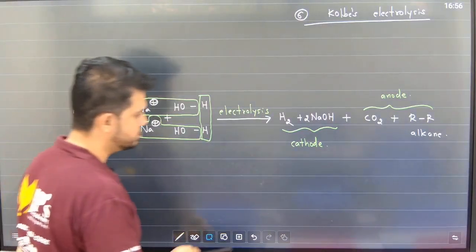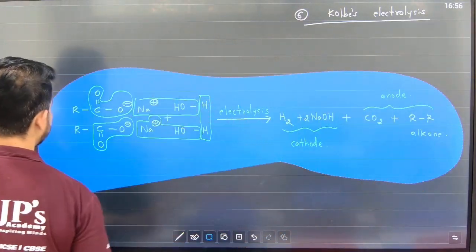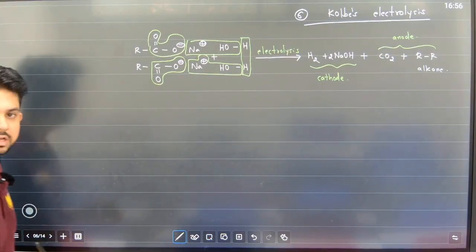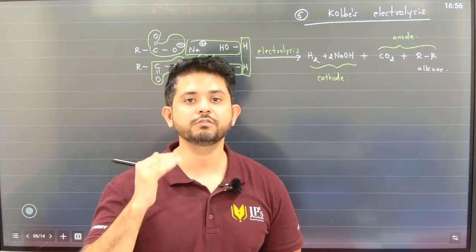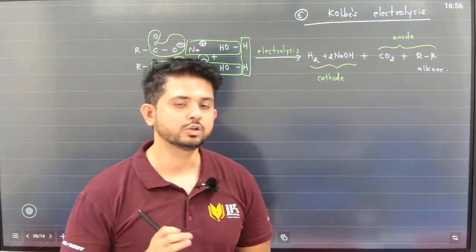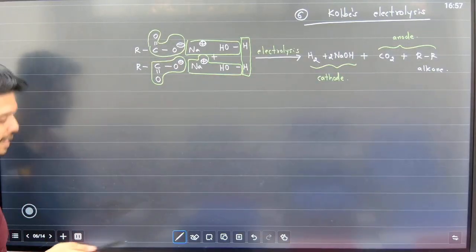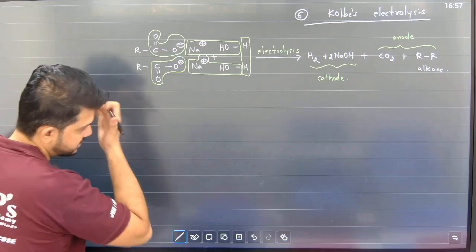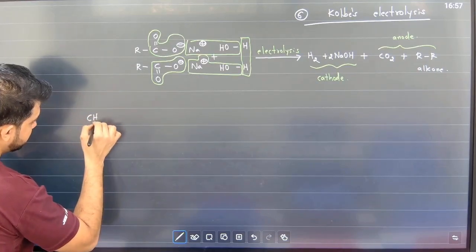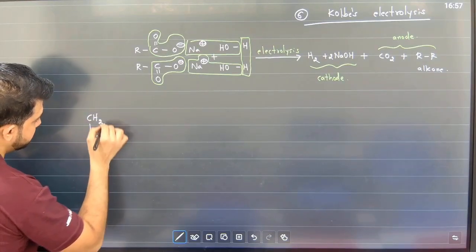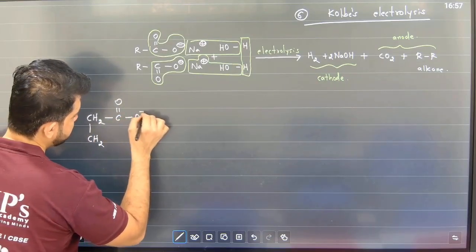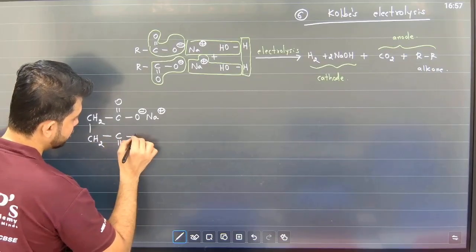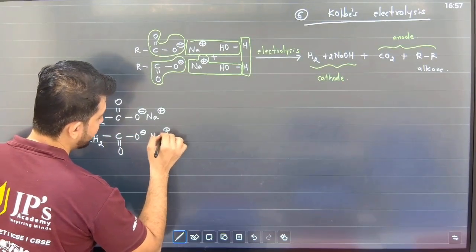Okay, now though this is not specific to the preparation of only alkanes, I'll write two reactions, and students, you tell me what will be the product obtained if you perform electrolysis of the following sodium salts. I'll write a few examples. For example, let's say sodium salt of succinic acid. If we do Kolbe's electrolysis on this, what will the product be?